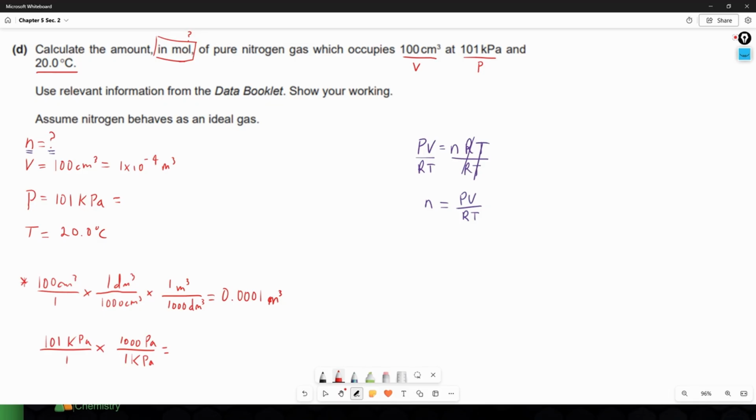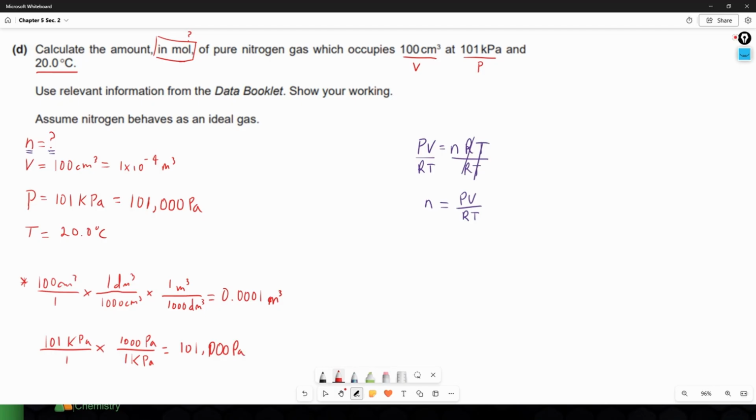Meaning that 101 kilopascals is the same as saying 101,000 pascals. And again, we need to use pascals for the ideal gas equation.